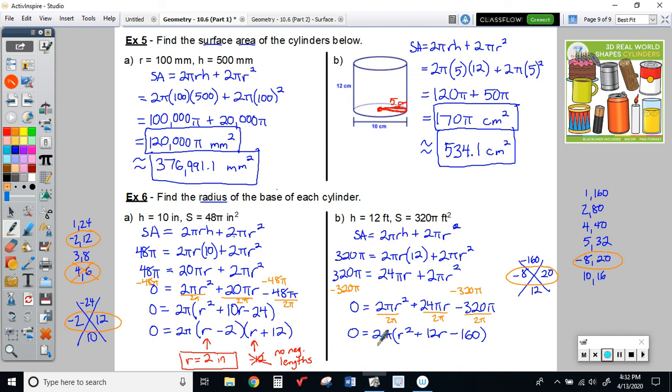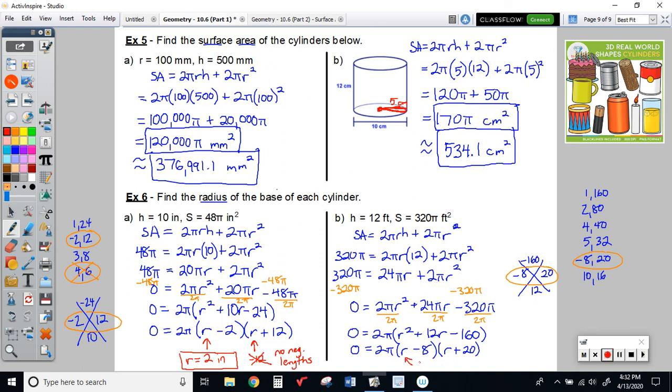So then this could be rewritten as 0 equals 2 pi times r minus 8 and then r plus 20. If I FOILed this back out, r times r is r squared, this would be negative 8r and positive 20r, which is positive 12r, combining like terms, and then this is negative 160. So from there, I've got two options once again.